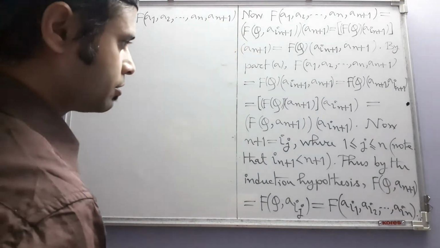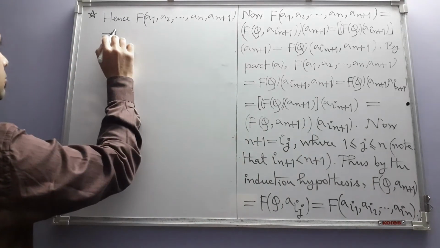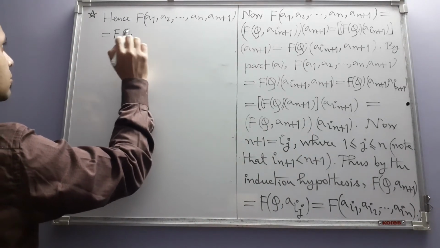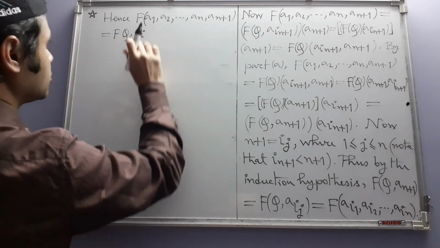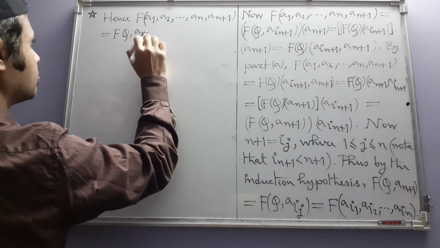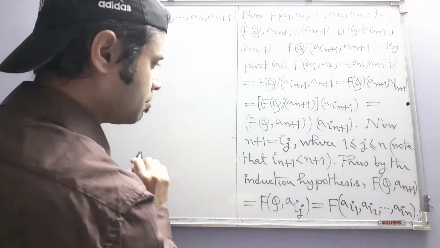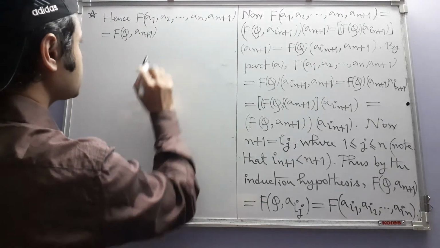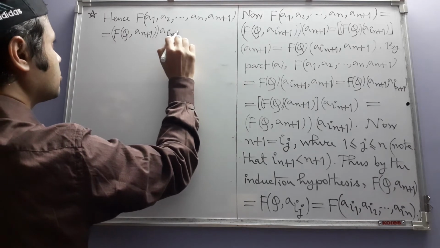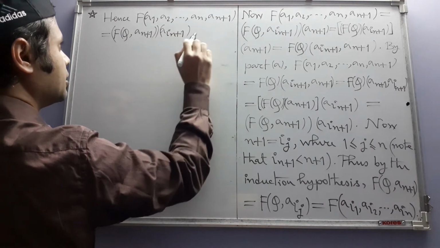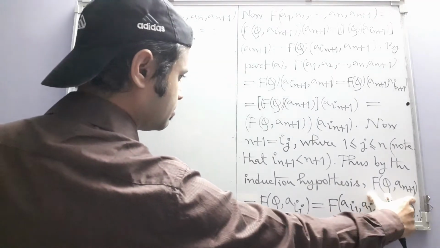This is equal to this, F(Q, A_{n+1}), A_{i_{n+1}}, and this is equal to this.